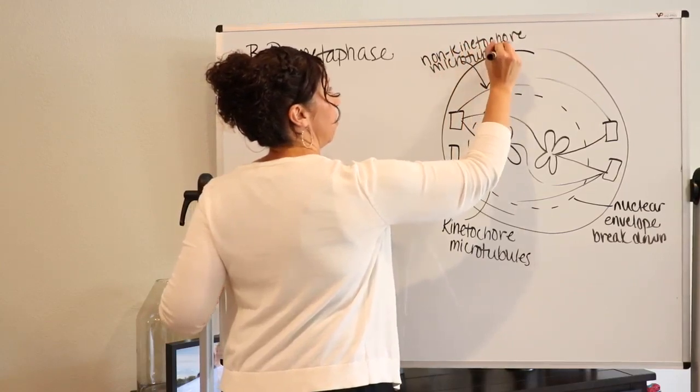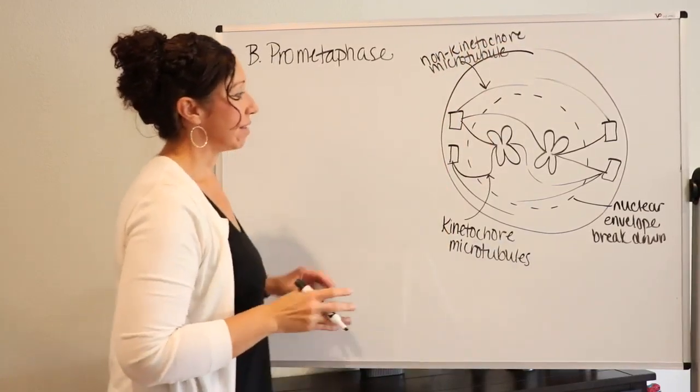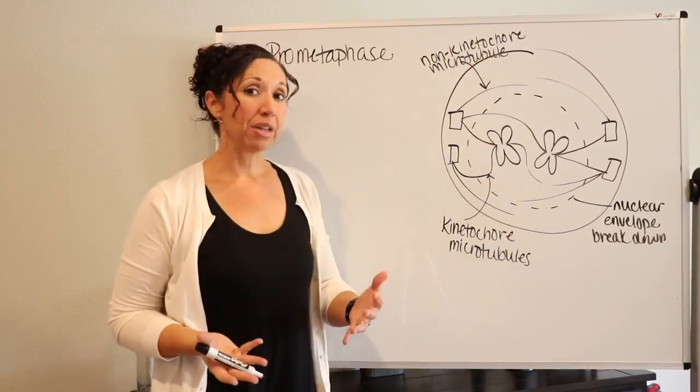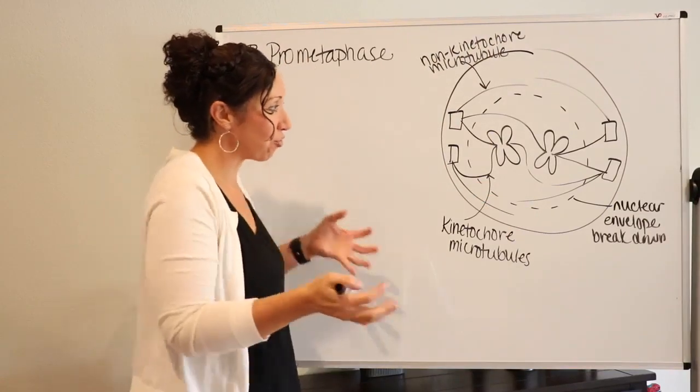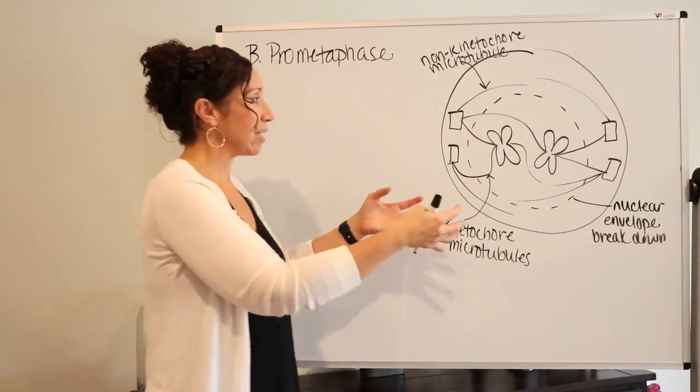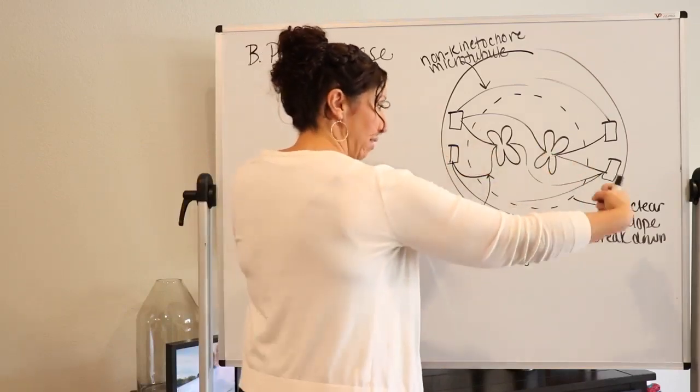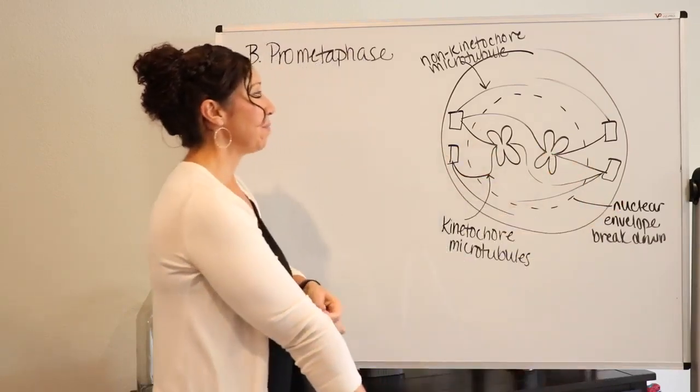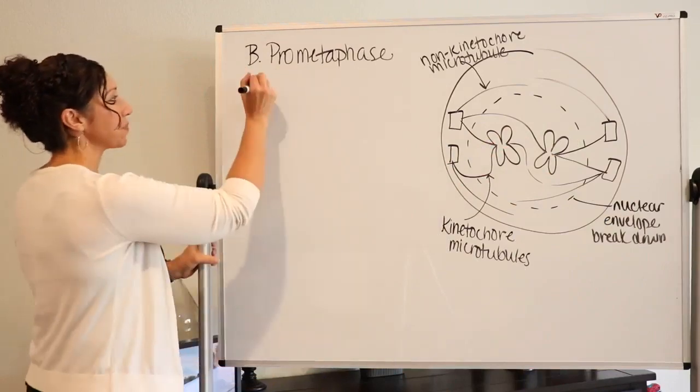And you're like, why do we have those guys? Those guys, the non-kinetochore microtubules, actually play a very important part. They're going to help stretch the cell out, because eventually we're going to be pulling the cell into two new cells. So let's write out what we got here.